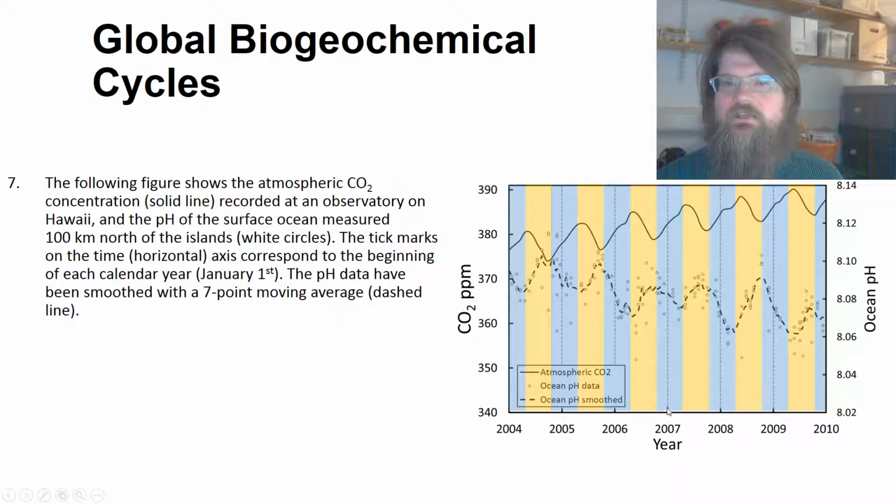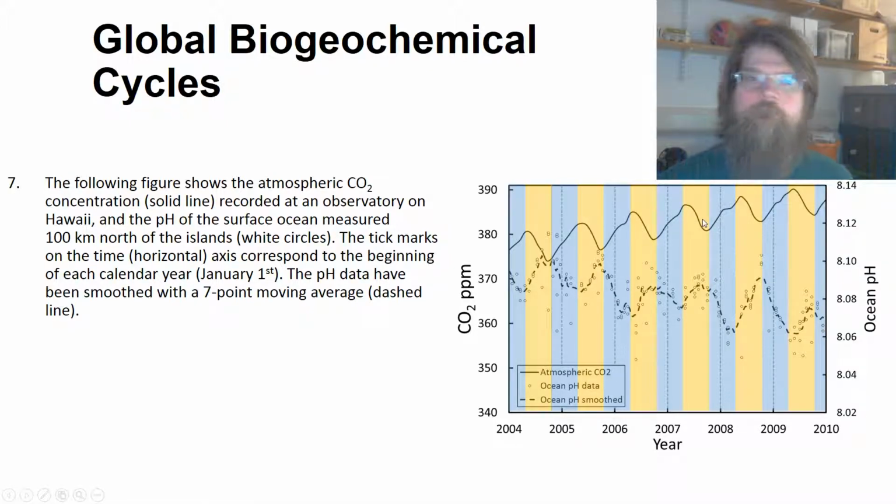You can see January, the first line, is somewhere in the middle of winter. So we've got December, January, February in winter, and then summertime is the summery time. Okay, so that sets up what this graph is showing.